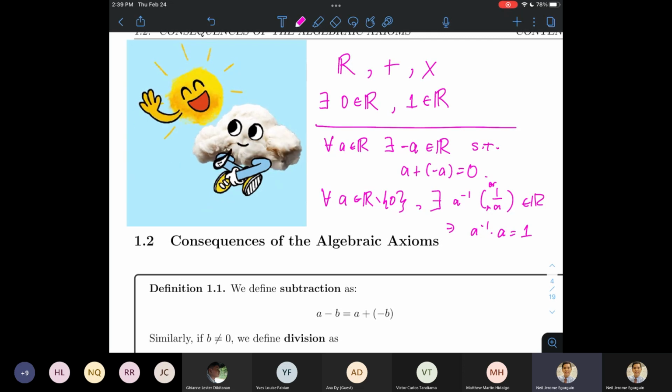And then we introduced A9, which is the distributive property of multiplication over addition, which kind of ties up the two operations together. So A1 to A9 are what we call the algebraic axioms or the field axioms for the set of real numbers. Because in Math 111 or some modern algebra, any structure, meaning a set together with two binary operations satisfying A1 until A9, is called a field.